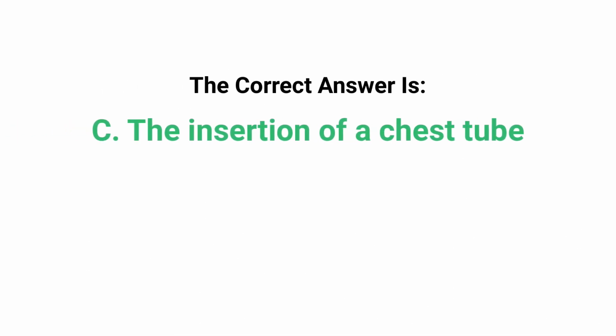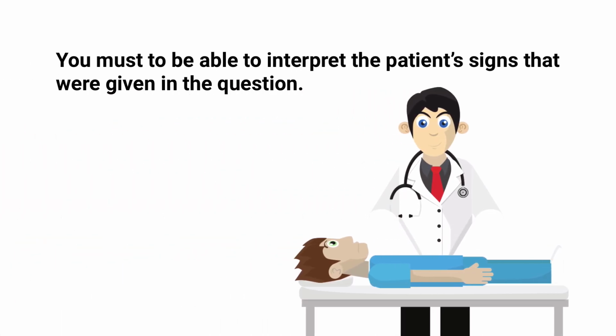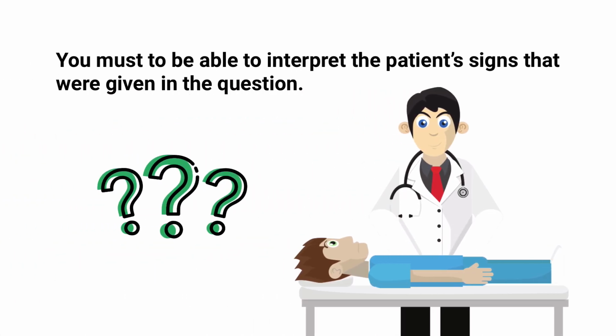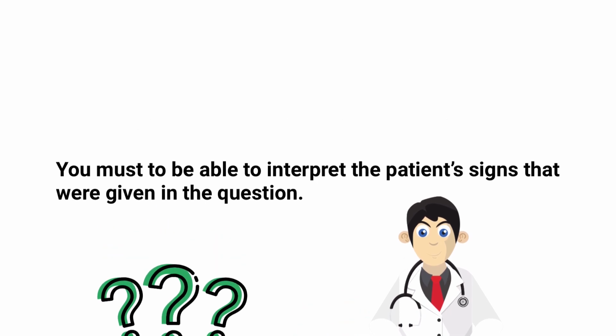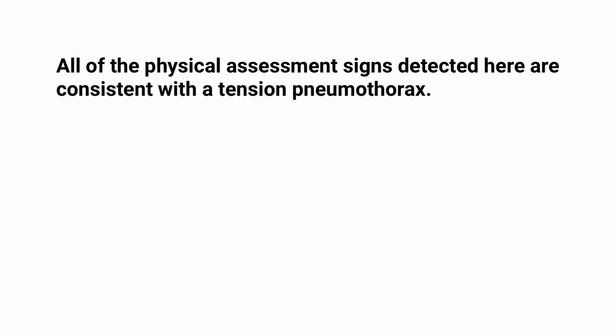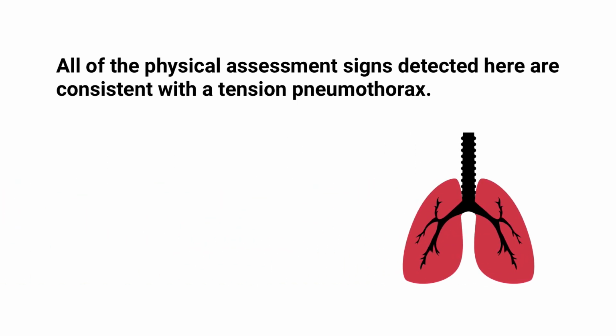The correct answer is C. The insertion of a chest tube. In order to get this one correct, you have to be able to interpret the patient's signs that were given to you in the question. All of the physical assessment signs detected here are consistent with a tension pneumothorax.